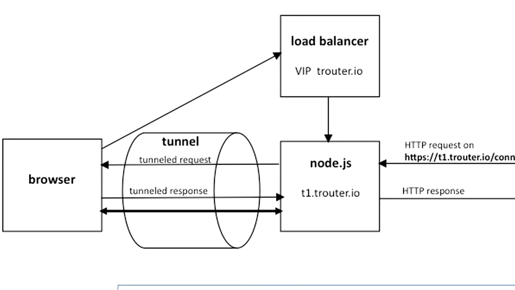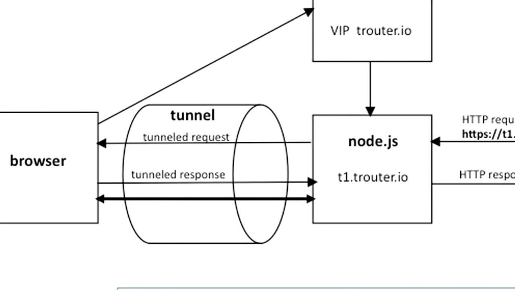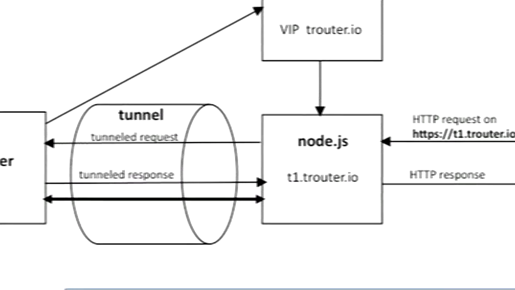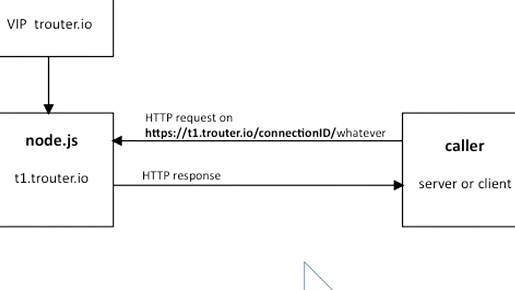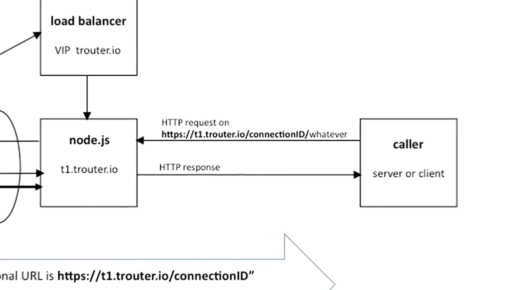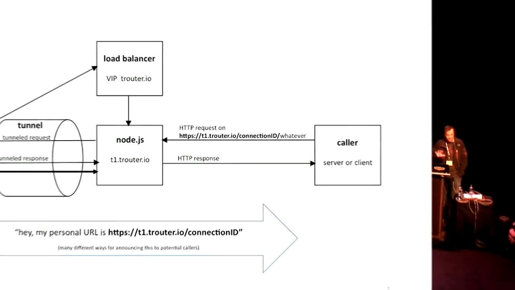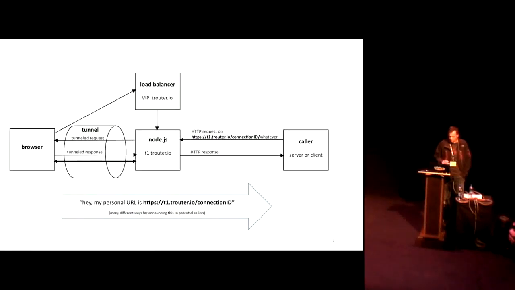The browser processes this using the HTTP API, which I'm going to cover later, and returns a response, which is transferred over the connection as another JSON object, a tunneled response. There it's unpacked and converted into a standard HTTP response. So the caller thinks that he called a standard HTTP request, and there was some proxying and tunneling going on. It's very, very simple, and because it's very simple, it's very scalable.